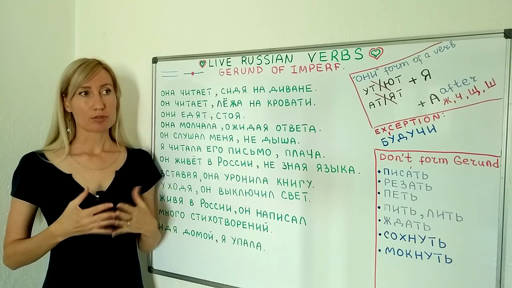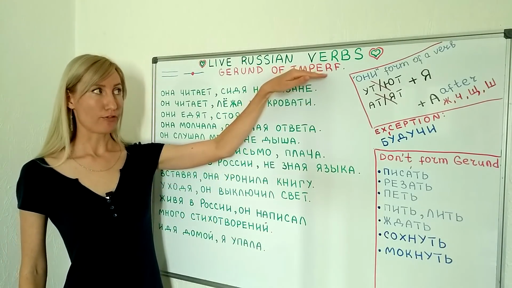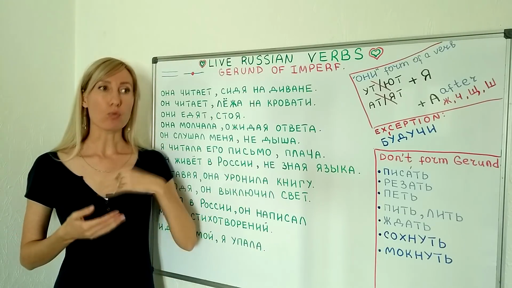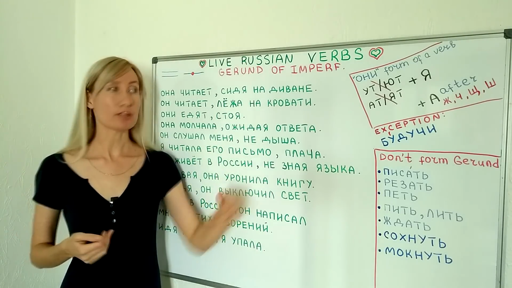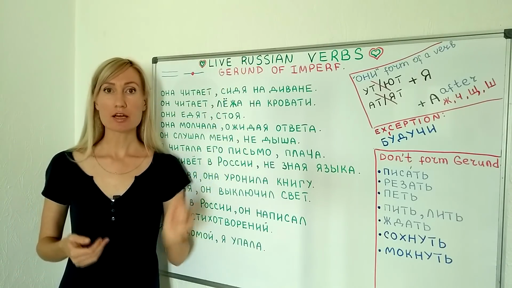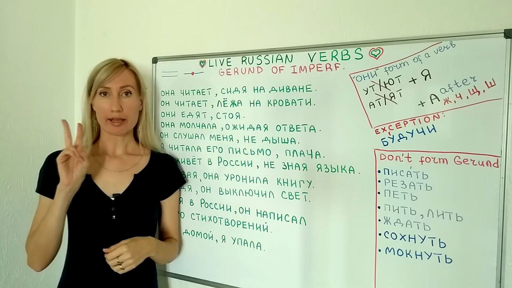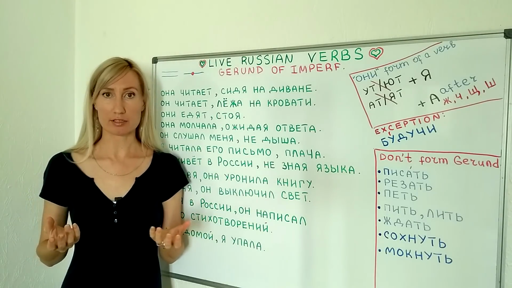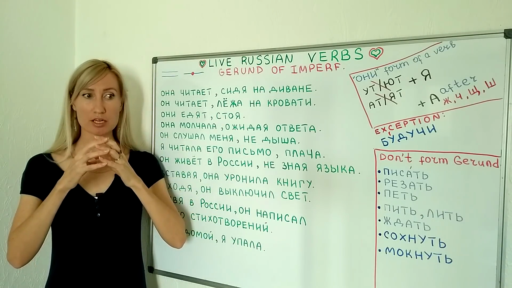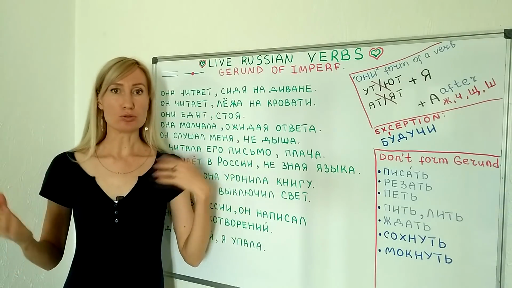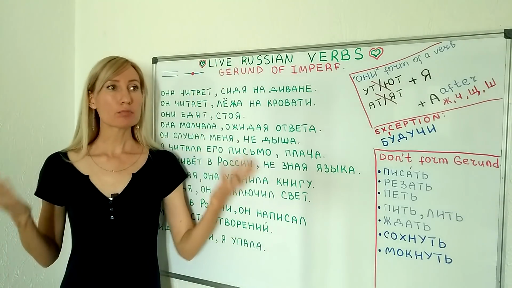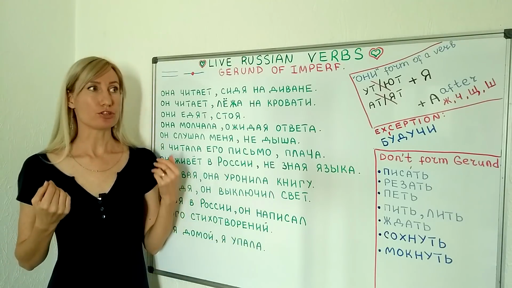In English, the imperfective one, which we are looking at today, can be translated as "while doing something." Gerund is used when there are two actions in a sentence taken by the same person. So there is one subject that is doing two actions, and one action can be represented by gerund.